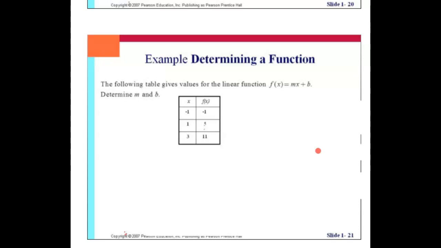So if you are on the right side of my room, which is all the boys to the right, I want you to find the slope using those 2 points right there. -1, -1, and 1, 5. You're on the left, and you're on Team Girl with Zach. You're going to find the slope using the bottom 2 points.